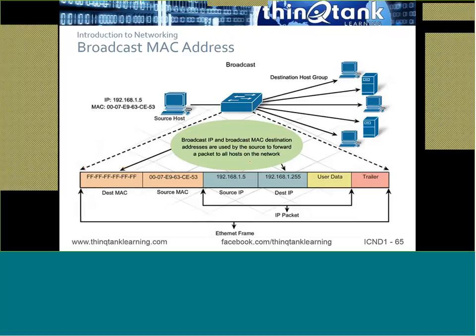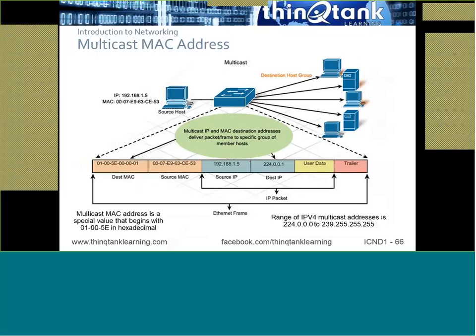Okay? We also have multicast at layer 2. All right? Now, in IPv4, the OUI for all multicast layer 2 traffic is 01005E. Every single IPv4 multicast frame starts with the same numbers, 01005E.